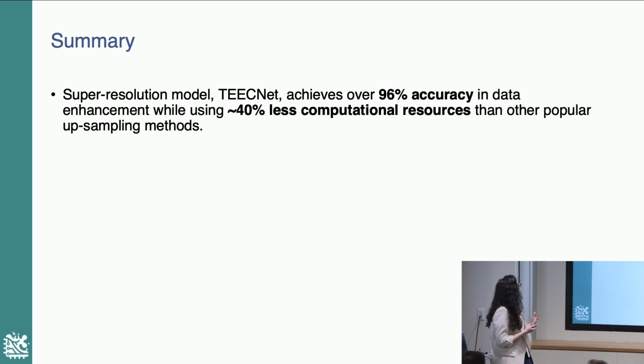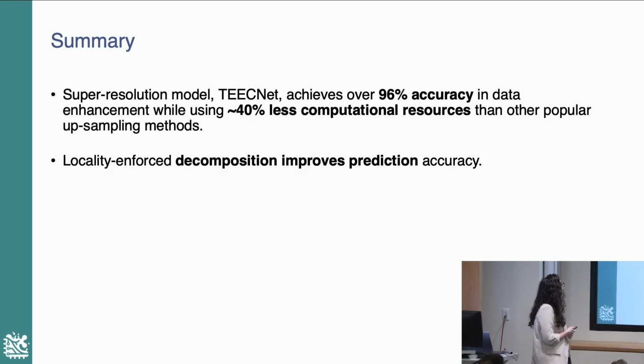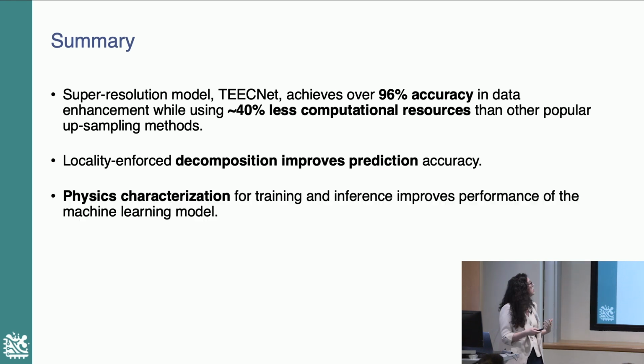So to summarize, we presented this super resolution TIC-net, which is able to achieve up to 90% accuracy compared to the high resolution, while accounting for 40% less computational cost. We saw that imposing this locality and force decomposition is able to improve prediction accuracy.